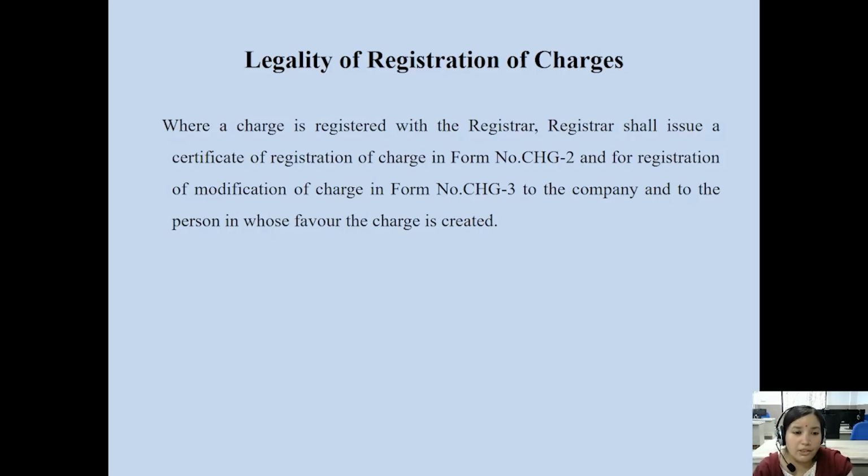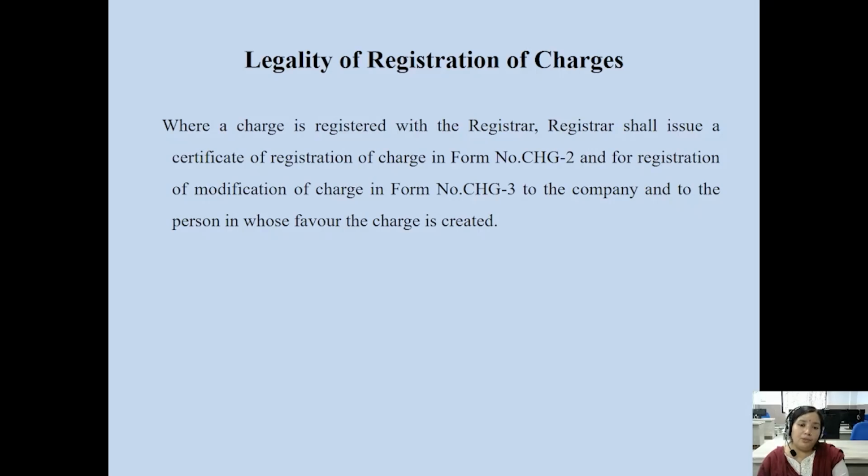A registrar shall issue a certificate of registration of charge in form number CHG2, and for registration of modification of charge in form number CHG3, to the company and to the person in whose favor the charge is created. So when a charge is created, the registrar shall issue a certificate for the purposes of registration of charge in form number CHG2, and for any modification of charge in form number CHG3, to the company and to the person in whose favor the charge is created.